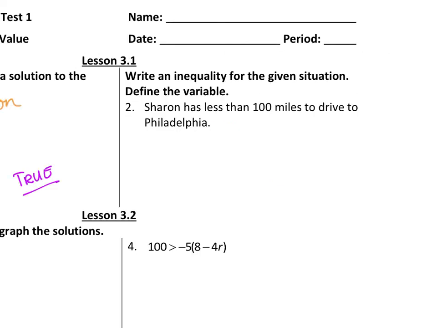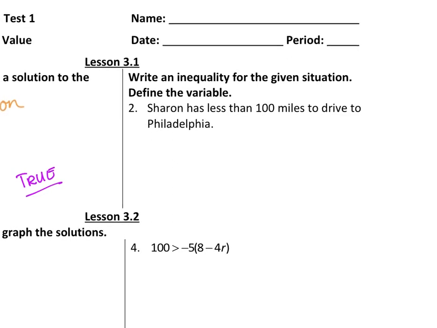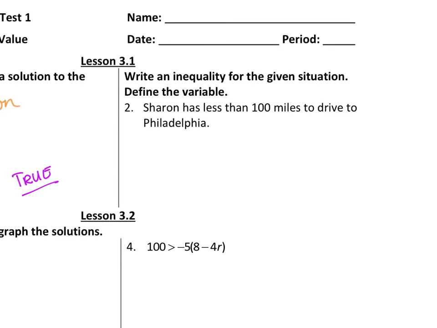For this one, be careful. You do need to define the variable, and very often students will miss this one simply because they don't define that variable. So Sharon has less than 100 miles. So I'd probably use m to drive to Philadelphia. So I would just say m equals number of driven miles.